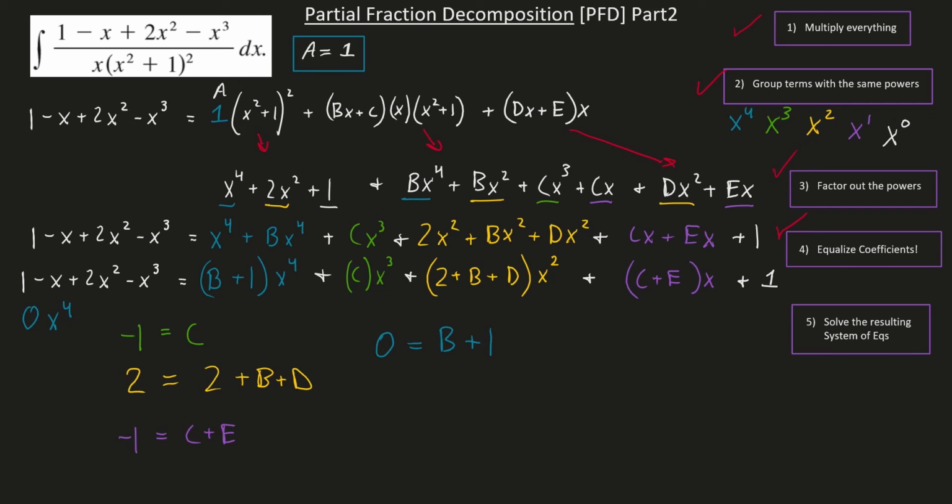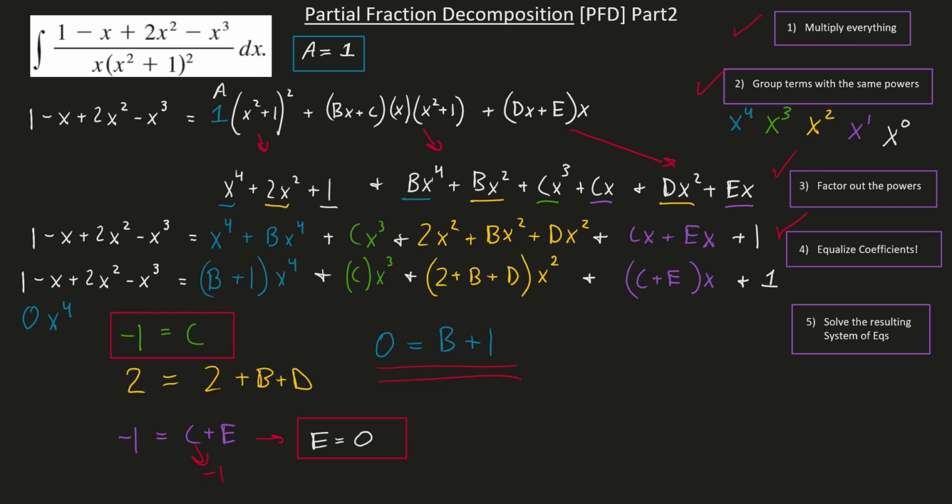So step 5, all I have to do is solve this system of equations right here. And if you look at it, it's not exactly too bad. We already know c is -1. I'm sure we could exploit that fact. Right here I can put in -1, which means that e will equal 0.